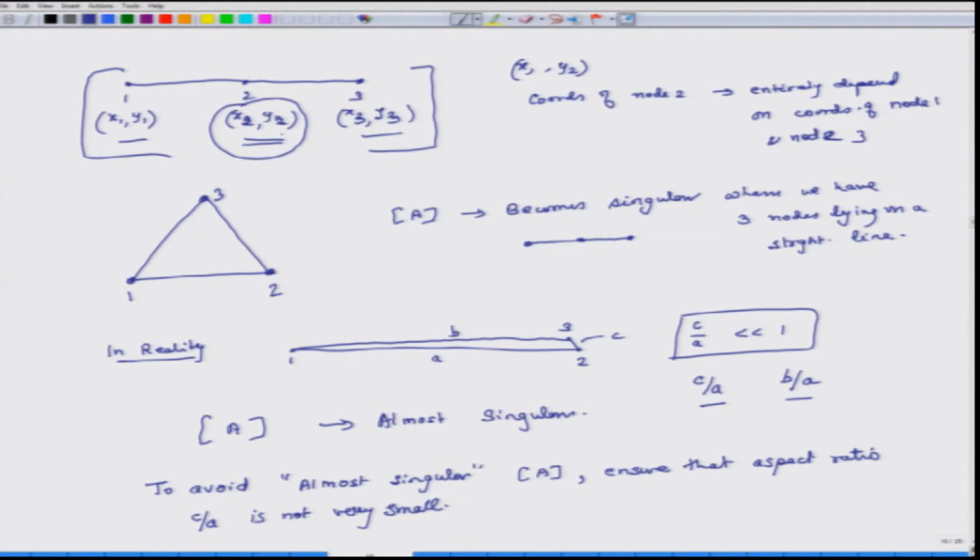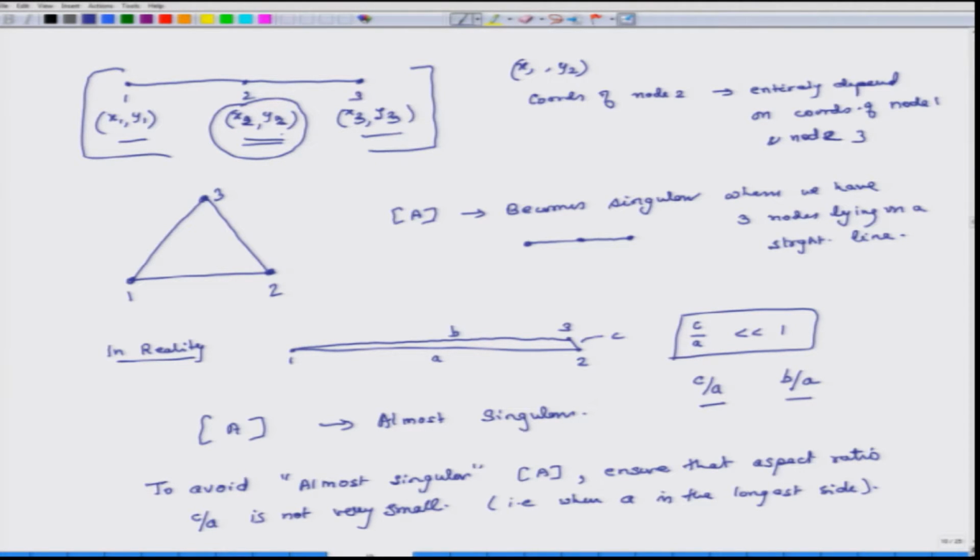In this case C by A is extremely small, in some triangles B by A could be very small. So, it should not be very small, that is when A is the longest side, because if you accidentally choose C as A and A as C, then it will be extremely large.